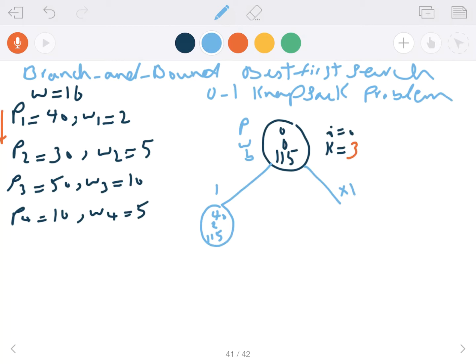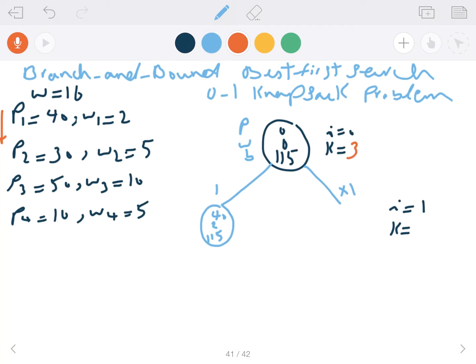If I include number 3 also, it's going to be 17, which is greater than 16. So that's why I calculated K equal to 3. But I is equal to 0 because I'm at level 0. Here, I becomes 1, and again K will be equal to 3.